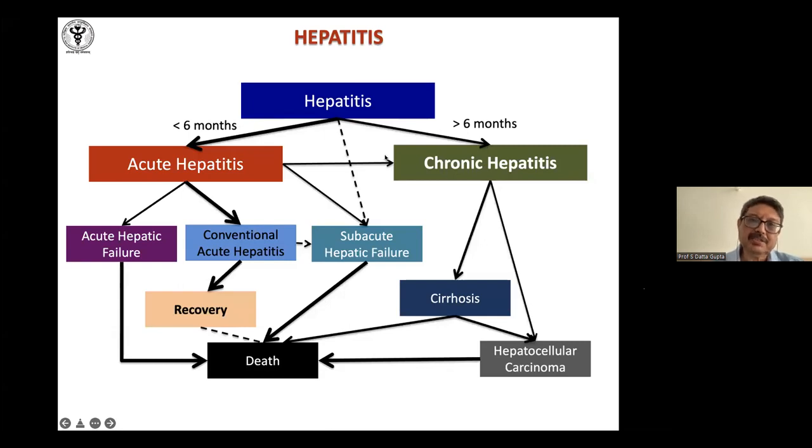As time went on, it was realized that chronic hepatitis can present clinically for the first time below 6 months, and acute hepatitis very rarely, although there have been case reports of hepatitis E going on for more than 180 days. So this is mainly histological.